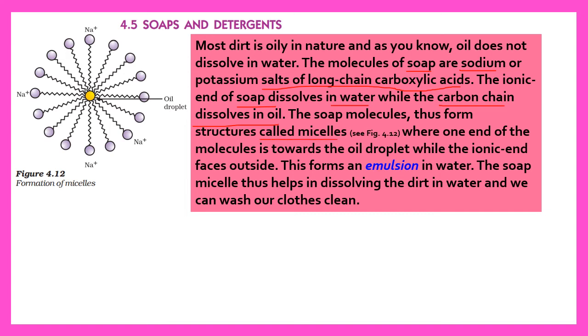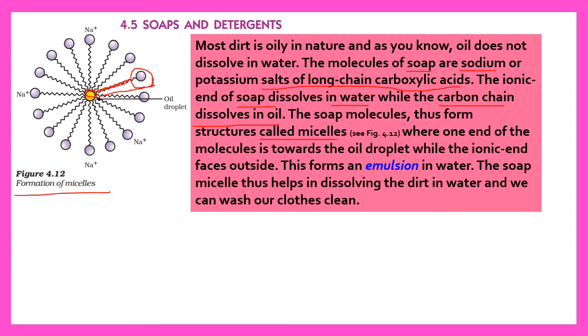Here you can see the micelle. This is the micelle and that is a soap particle. You can see the head of the soap particle and there is the tail. There are two parts of this soap particle, and that is an oil droplet.